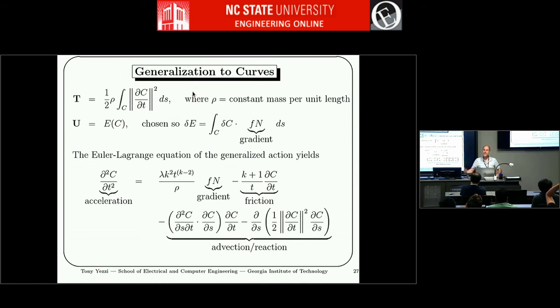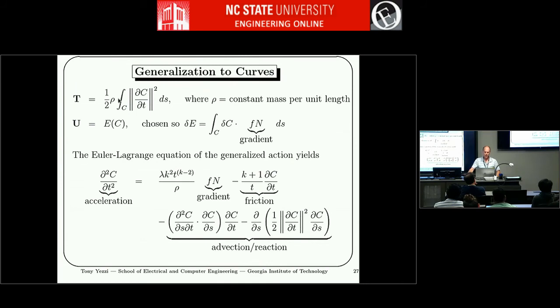And so in this type of geometricized L2 flavor inner product, the natural notion of a kinetic energy would be this here. So you assume a density per unit arc length. You say, well, wait, that means total mass isn't conserved, because if the curve changes length as it evolves, the mass changes. It doesn't matter. It doesn't change anything about the physical intuition of the setup of the problem. We're borrowing behaviors from physics, but we're not trying to make this a physics problem.